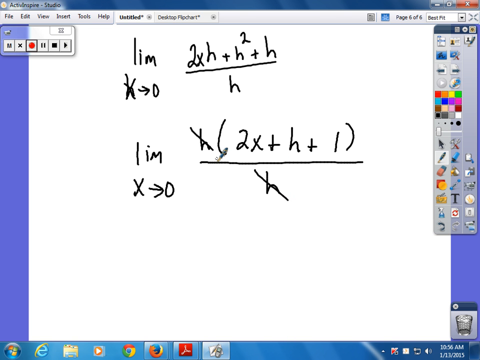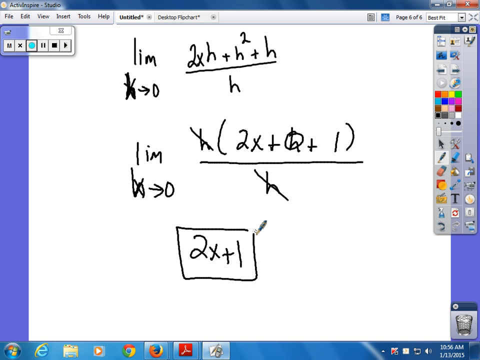They cancel out. And h goes to 0 here, and that gives you 2x plus 1.